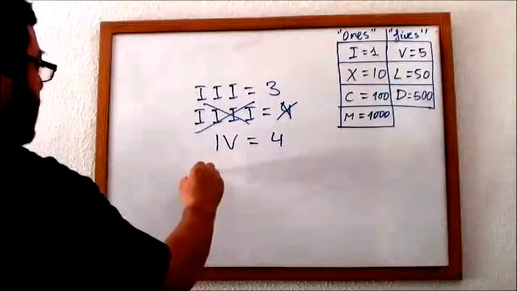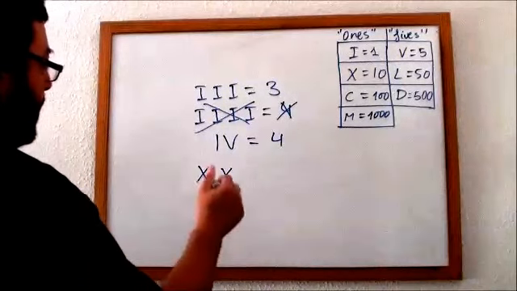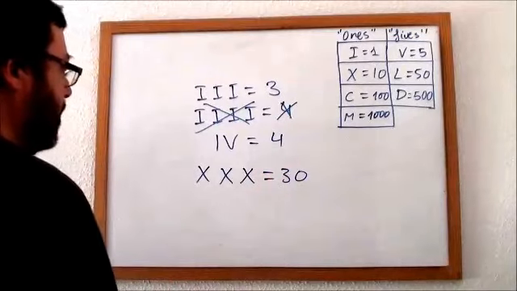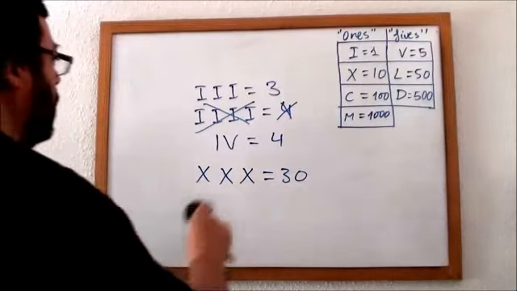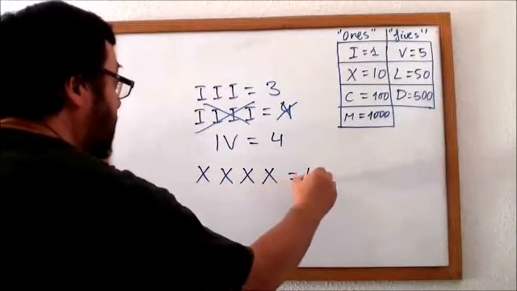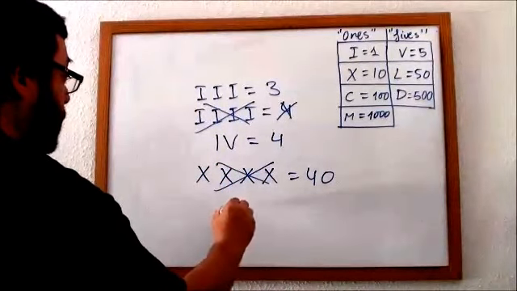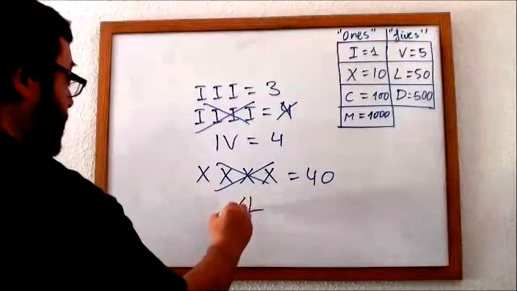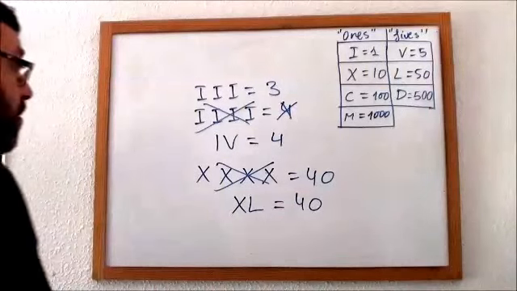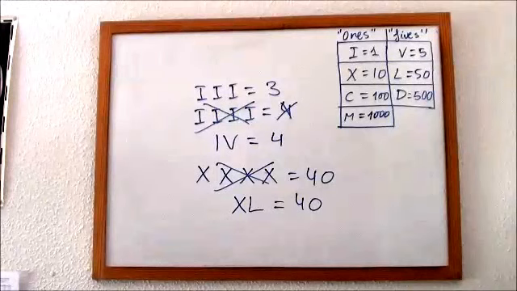In the same way, we can do X X to make 20, or we can do X X X to make 30, but we cannot do X X X X to make 40. That is not correct. Instead, we have to do L, which is 50, minus X, which is 10, and that makes 40. The 5s cannot be repeated.